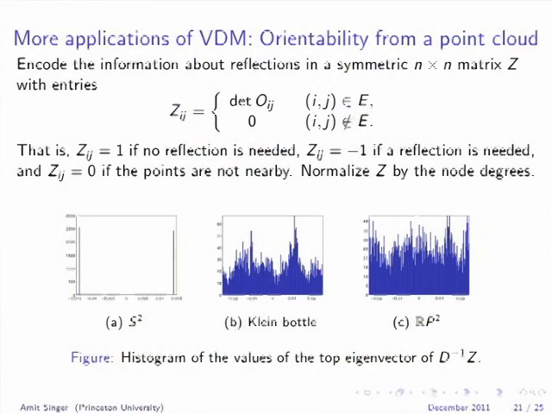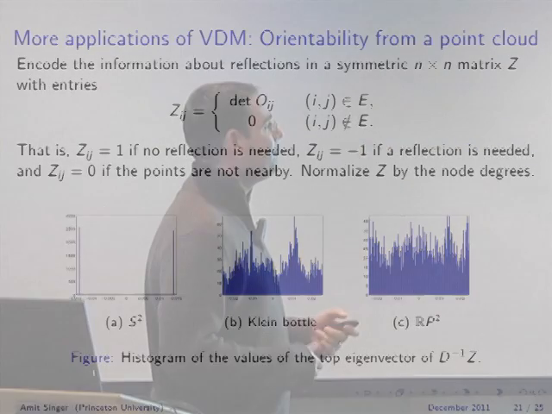But using this construction, if you just look at the matrix whose entries are the determinants of the OIJs, it's very easy from the top eigenvector to see if the manifold is orientable or not. It's going to cluster very nicely to two values if the manifold is orientable, but when the manifold is not orientable, like the Klein bottle or the projective plane, then you get values all over the place.